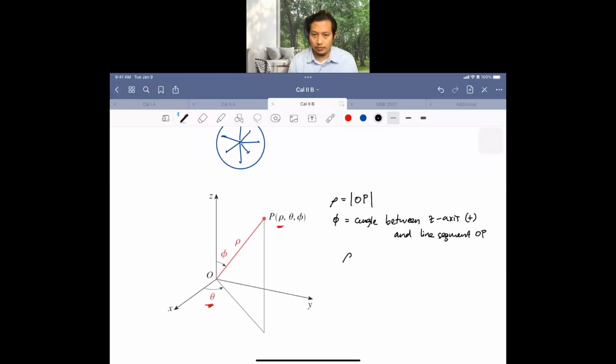Note that this is the definition for the intervals: the radius should be positive, and psi will be between 0 and pi.